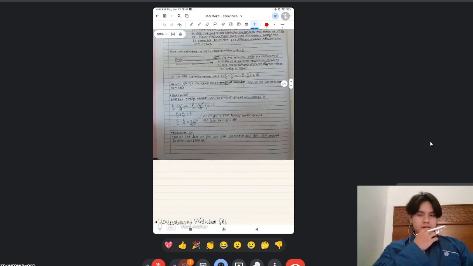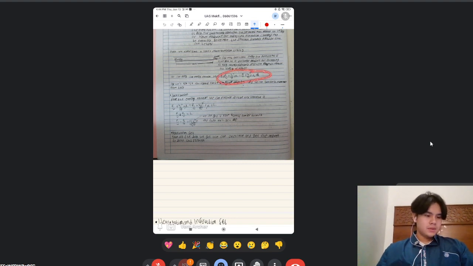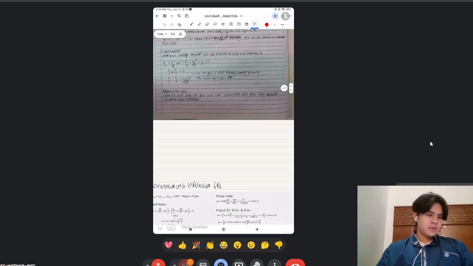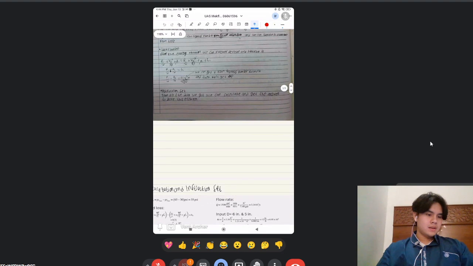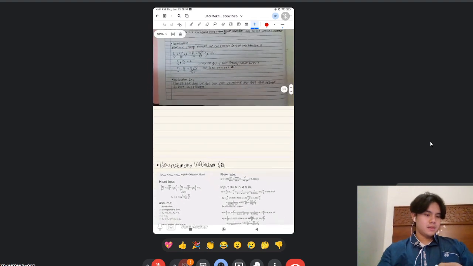In my initial thinking, we can apply the energy equation, which is this, and we'll also use the Reynolds number and idealize even more from there. From the energy equation, we can further idealize the H1, and then we can get V from the Reynolds number. From there, we'll get the delta P.